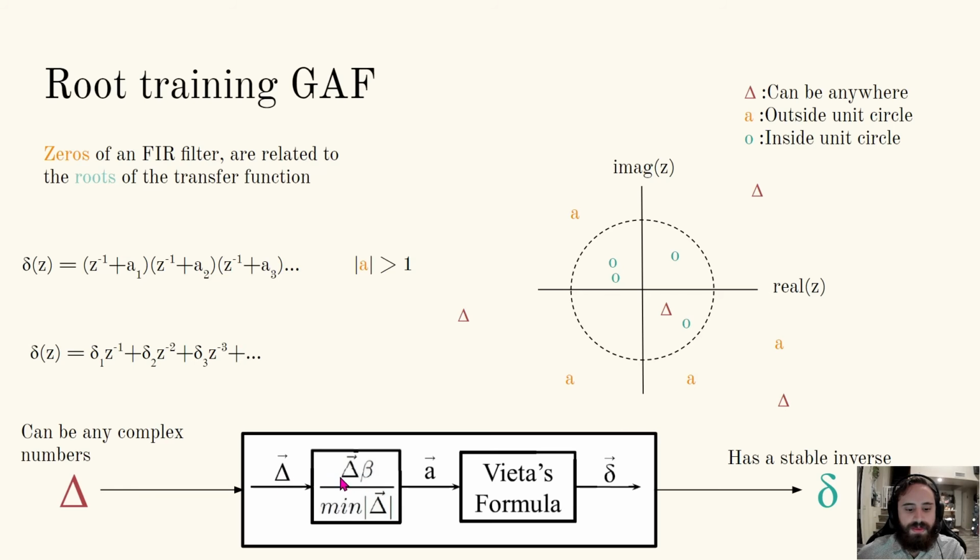What we're going to do is we're going to say that a is equal to capital delta times beta divided by the minimum of all the magnitudes in delta, and beta can be a number slightly greater than 1, like 1.01 or 1.001. So this will push all these values outside the unit circle, giving us a, and then we can use Vieta's formula to get our filter taps from all our a values, and now lowercase delta has a stable inverse.